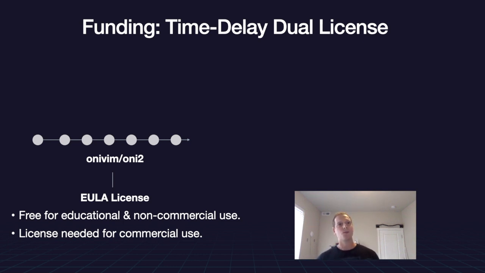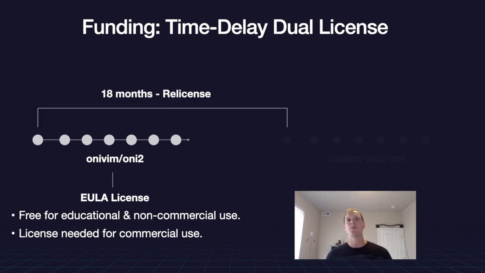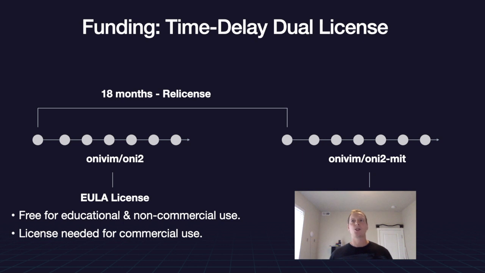But beyond that, we actually relicense all our commits to MIT after 18 months. We have a script that runs every night that just takes the last commit from 18 months ago and relicenses it. And that's in the Onivim Oni2 MIT repo. So everything ends up open source by design. It's just a matter of time.